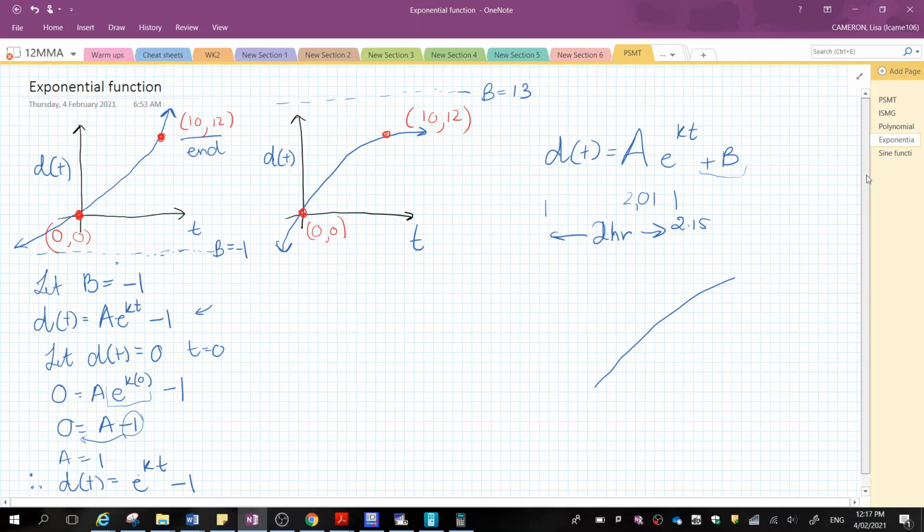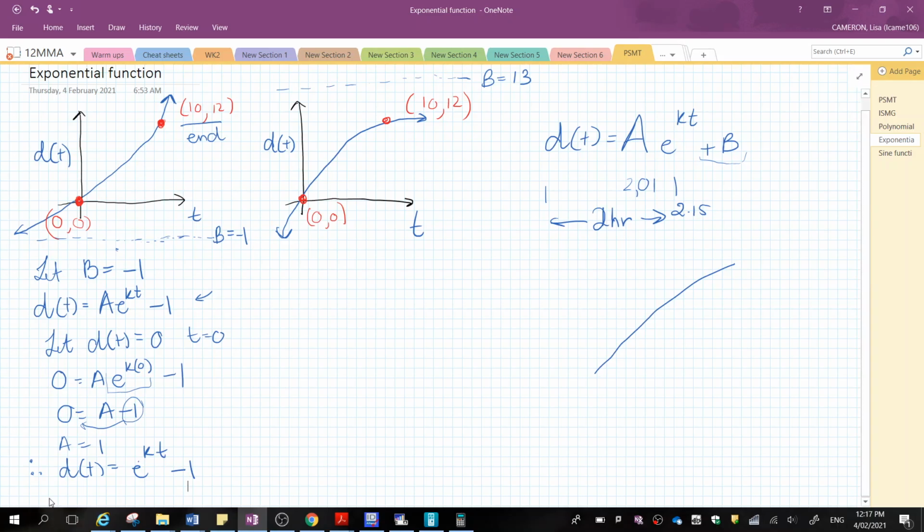Now I'm going to use the other coordinate to help me work out what that value of k is. So this coordinate here, I'm going to let t equal 10 when d(t), or the displacement, is equal to 12.